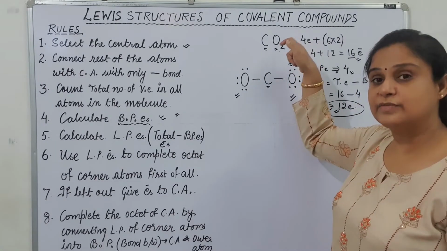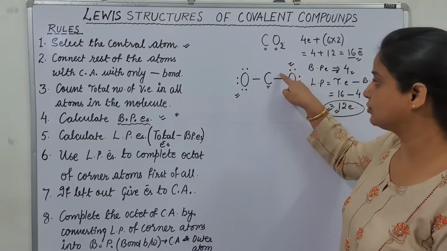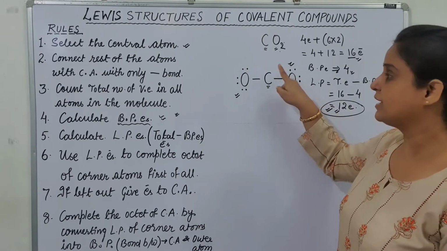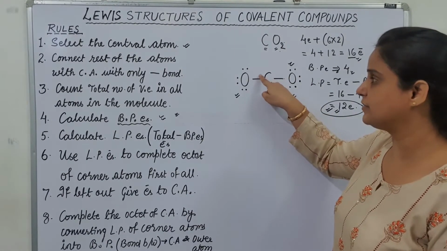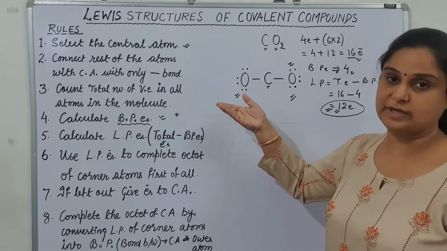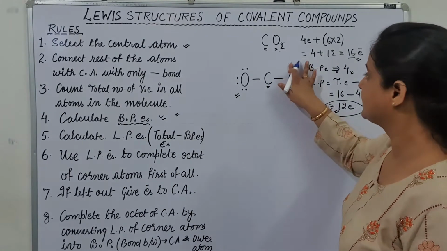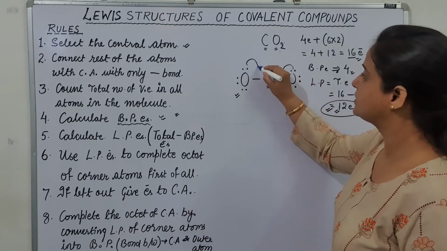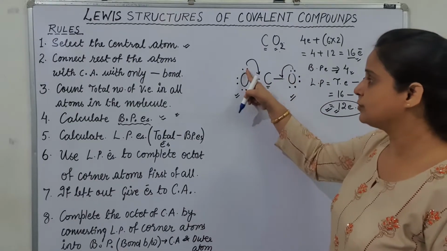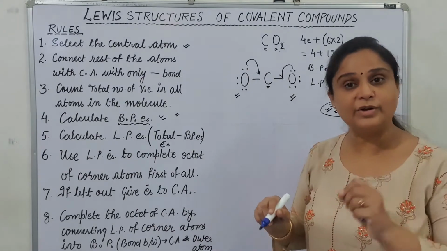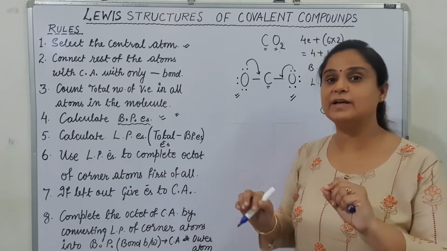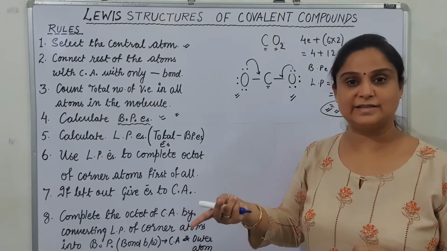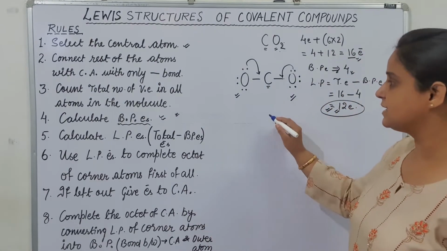So I am going to give this bond pair to this carbon and oxygen in between, and this also I will be keeping in between so that carbon will also become happy. So what I am doing here, look at this. So I am keeping this lone pair here and this lone pair here. So this lone pair is now going to convert into bond pair. So as soon as that bond pair forms, carbon will also utilize it and that will also become happy. So let's see what happens.